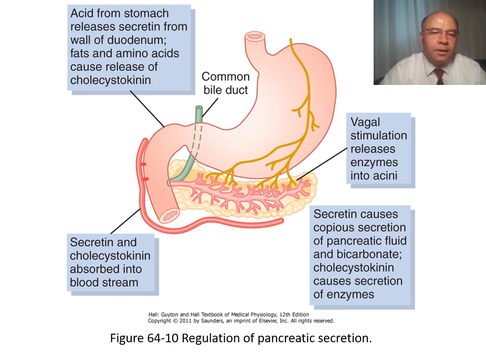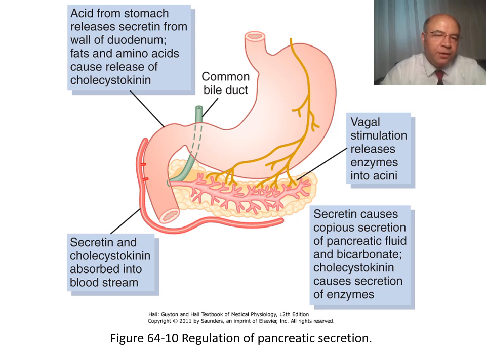Secretin and cholecystokinin are absorbed into the bloodstream, so they affect secretion of the pancreas. Secretin causes copious secretion of pancreatic fluid and bicarbonate. Cholecystokinin causes secretion of enzymes. And vagal stimulation releases enzymes into the acini of the pancreas.